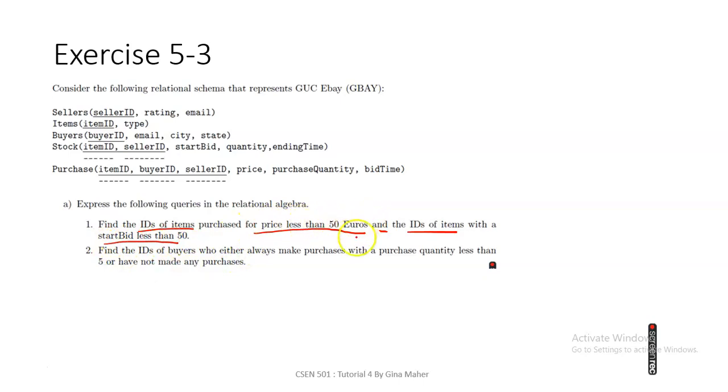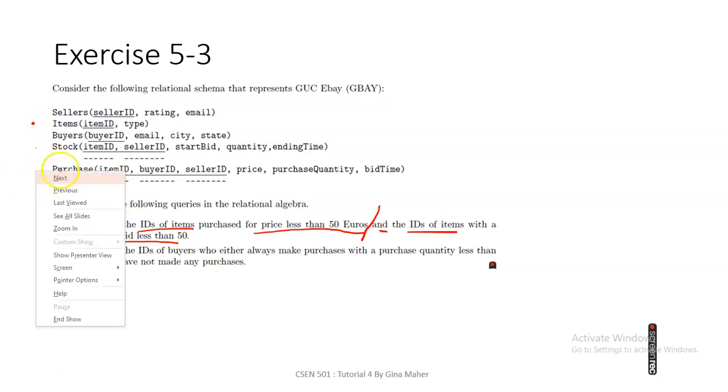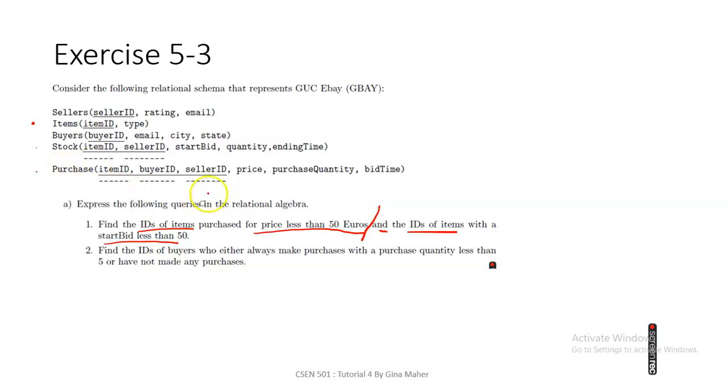Let's divide this query into 2 parts. Let's first get the first part. We want the IDs of items purchased for price less than 50 euros. First, let's search from where we can get this piece of information, from which relation. We want the item ID. We can find the item ID in items, in stock, and in purchase, so we can get it from any one of these relations.